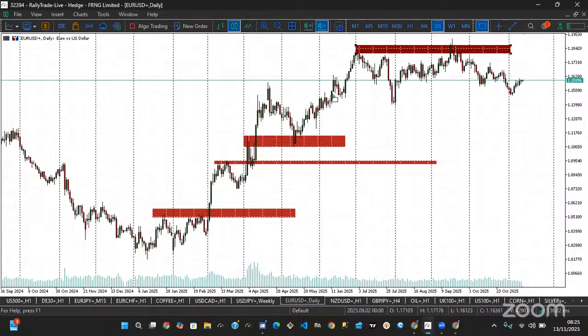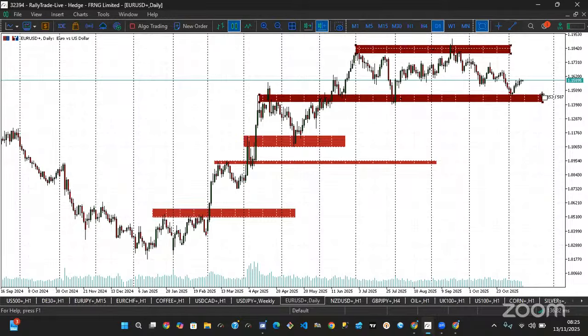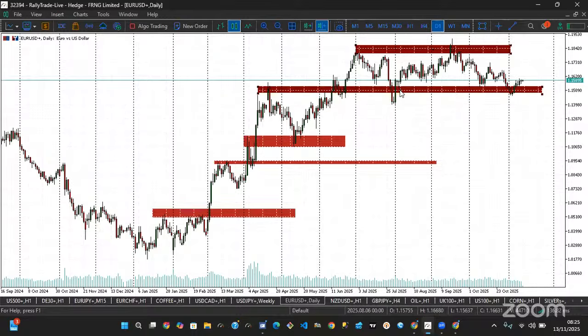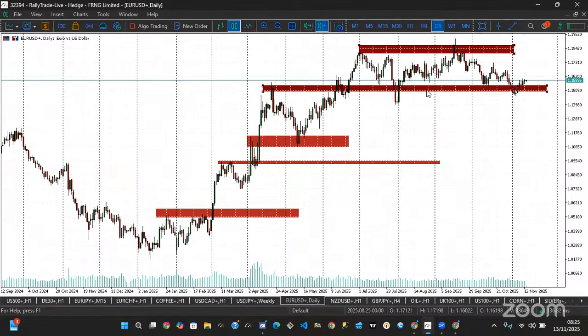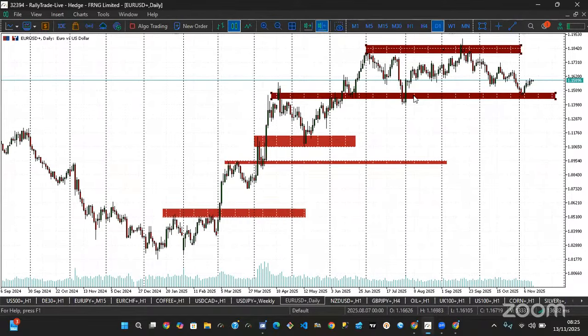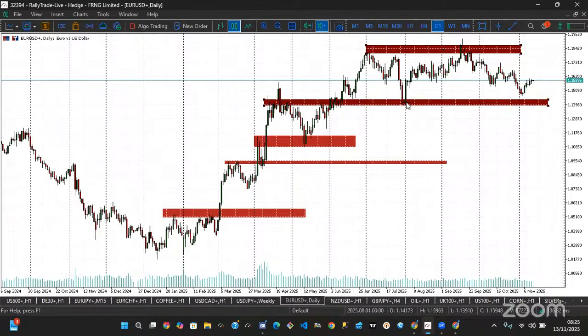Then the lower part of this particular level right here, where price has been dealing. Now, we can either put it up here, but because of this low, this low, this low, we need to just adjust it a little bit down. So we can have it this way.